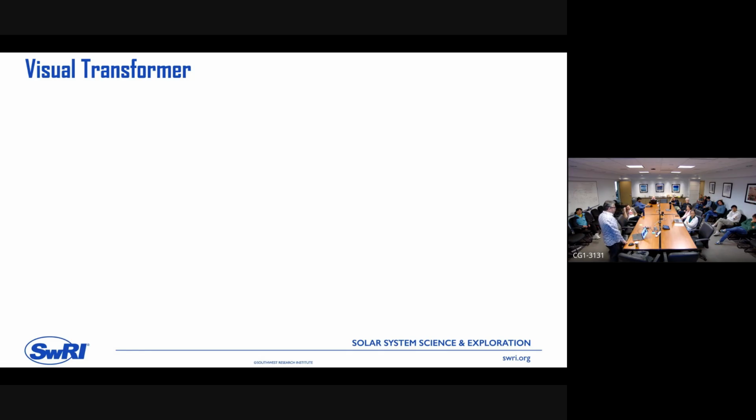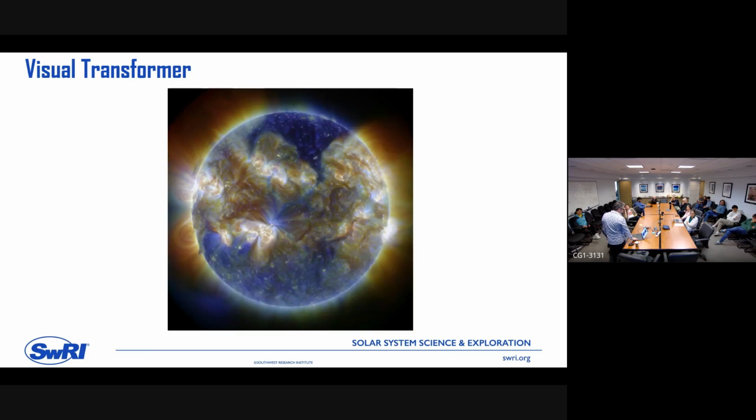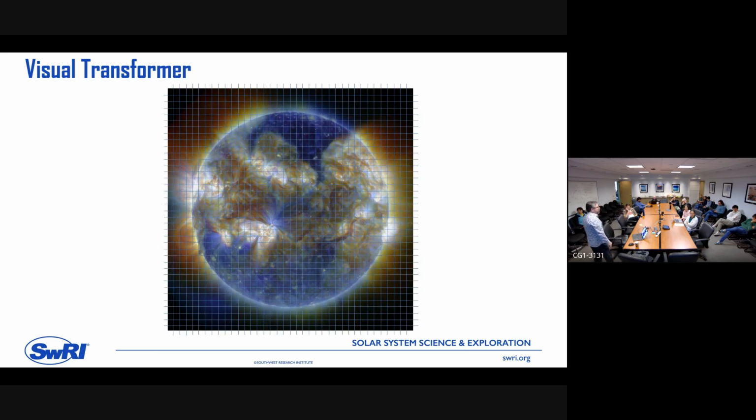Now, when we talk about the visual transformer, and this is the way Surya works, we're talking about breaking an image into blocks and assigning a token, building a kind of visual language, a big visual lexicon.